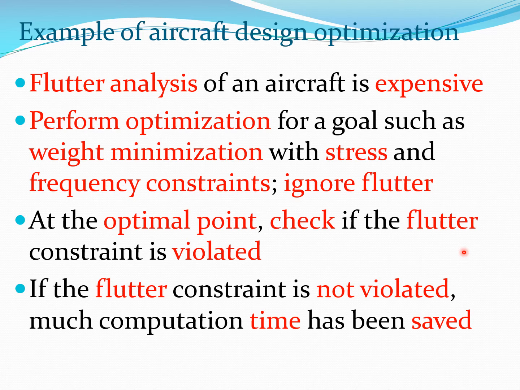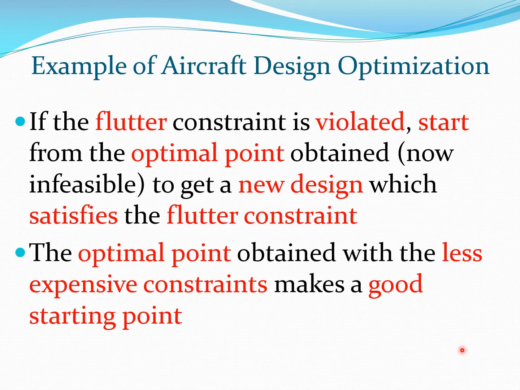And in many cases, you may find that actually the flutter constraint is not violated. So in that case, you have saved an enormous amount of computation time by not including flutter as a constraint. Now, of course, there is the possibility that the flutter constraint is violated. For example, if your design is a little toward the cutting edge, it's somewhat low in terms of damping and so on.